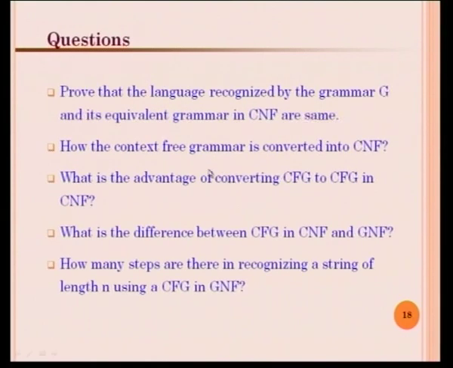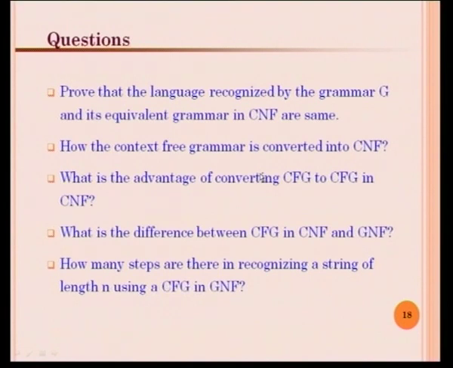As far as the grammar questions are concerned, first it is how do we prove that the language recognized by the given grammar is the same as the language of the equivalent grammar in CNF. The next one is how we are converting it into CNF. Then what is going to be the advantage in really converting the context-free grammar to CNF, and what is going to be the difference between the context-free grammar in CNF and GNF.